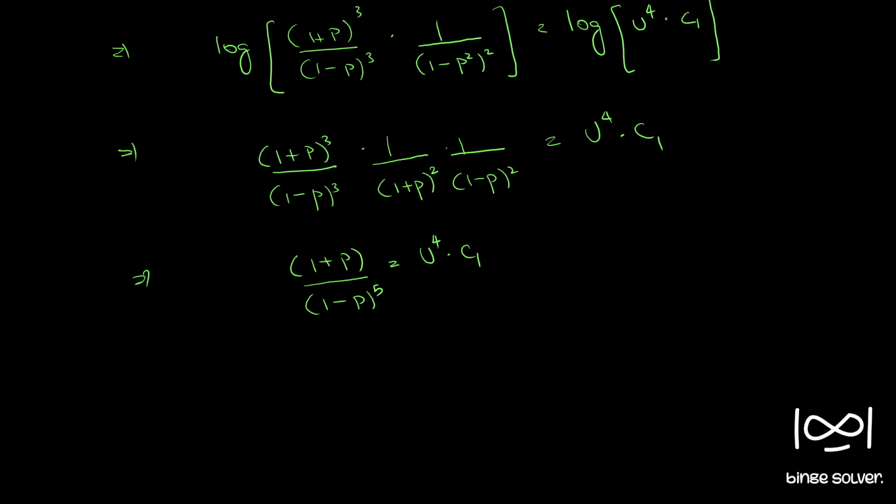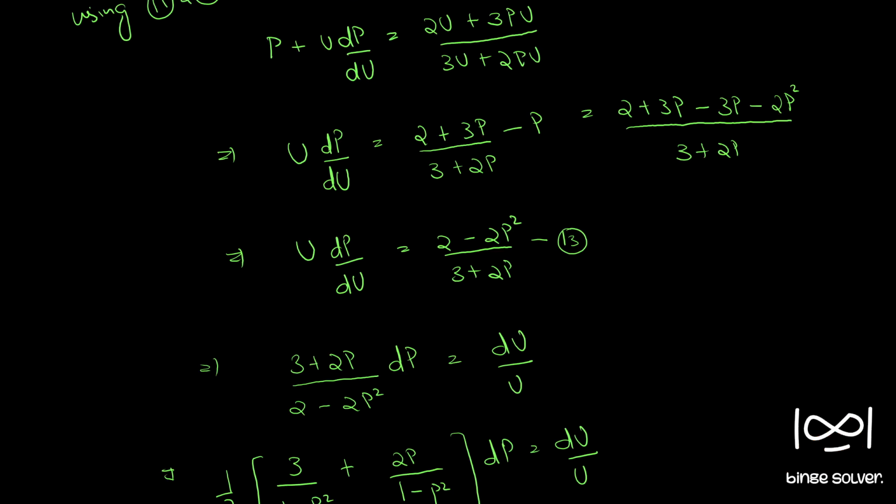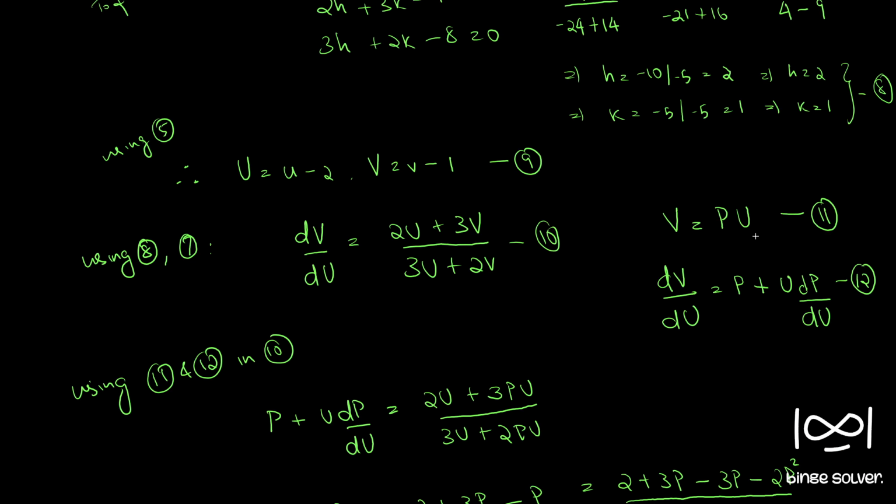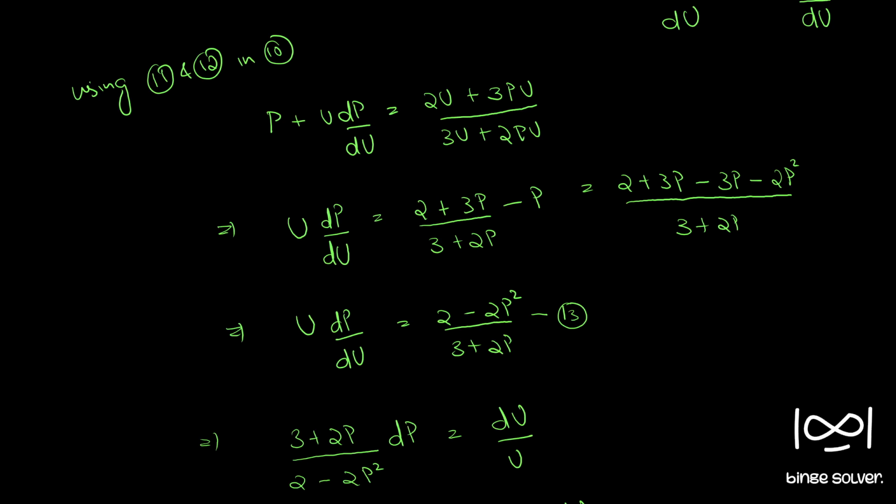So now p is, from equation 11, p is v by u. We are using that substitution.